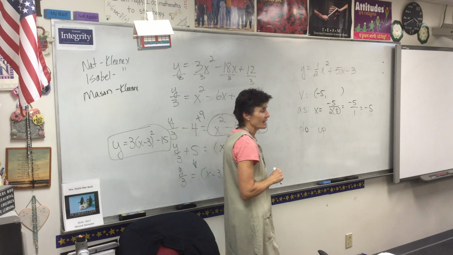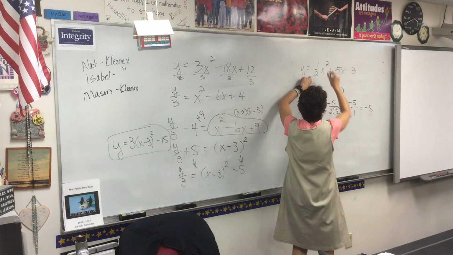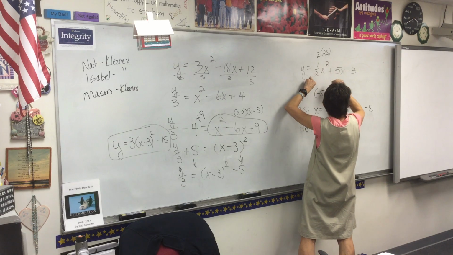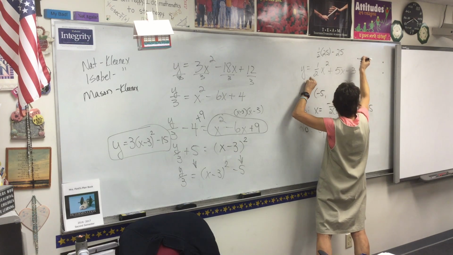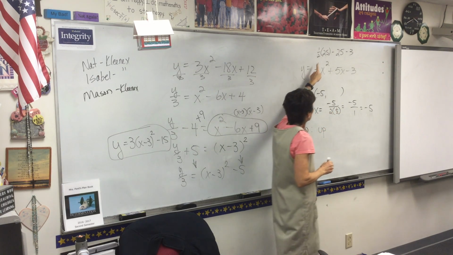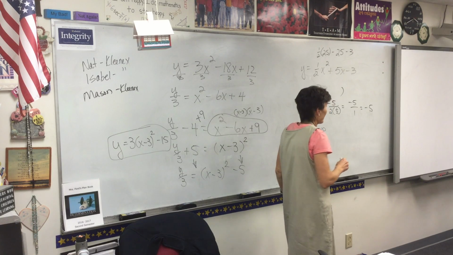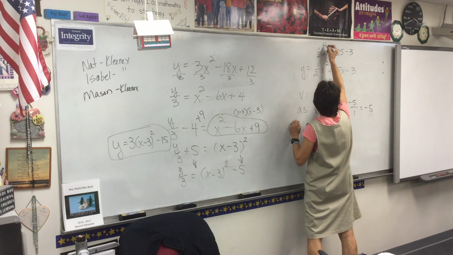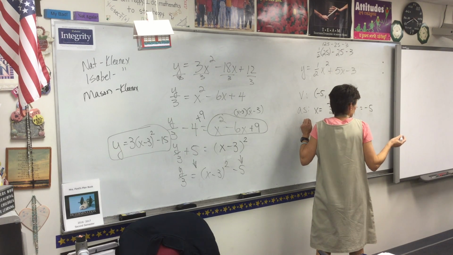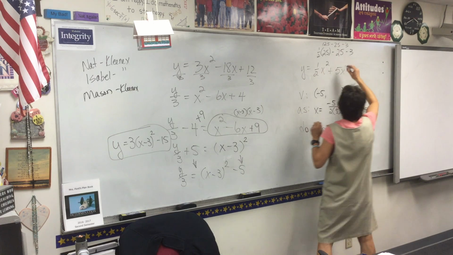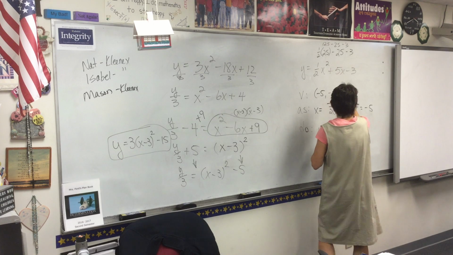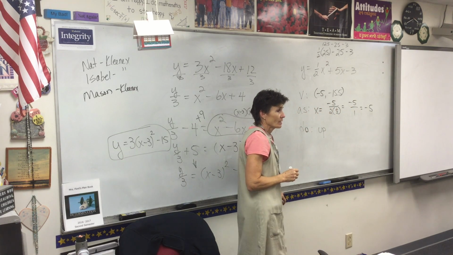Right? Now we plug in negative 5 back up here. So we're going to have 1/2 times 25 minus 25 minus 3. So 1/2 of 25 is 12.5. And again, you have a calculator at your disposal. So it looks like I get negative 15.5. And we're done.